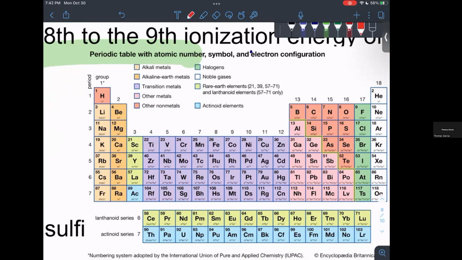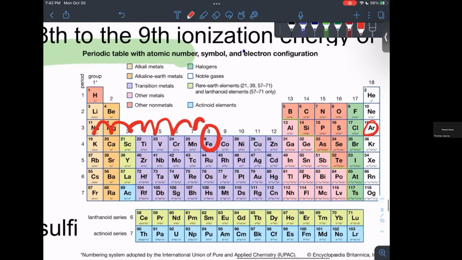When we look at our ionization energies, we're losing electrons. So 1 electron, 2 electrons, 3, 4, 5, 6, 7 electrons. Oh, getting rough. When we lose our 8th electron, we end up with this full outer shell. We become like argon.